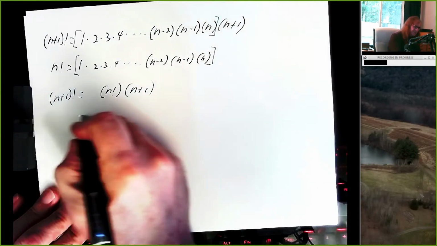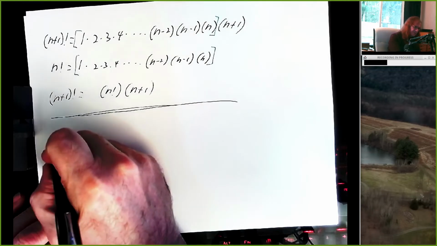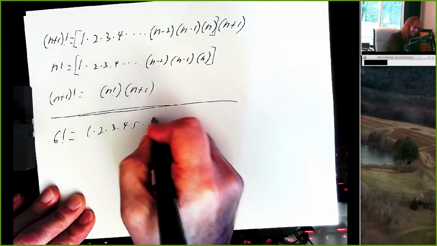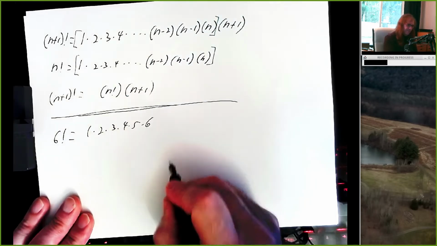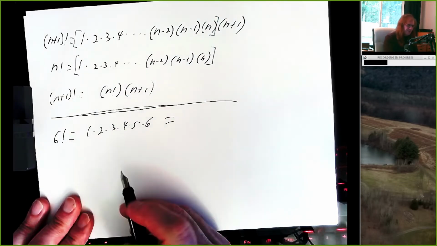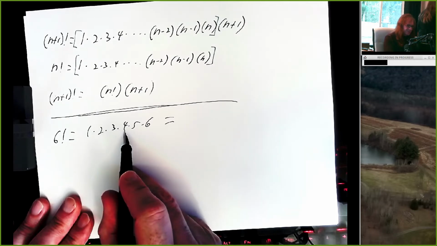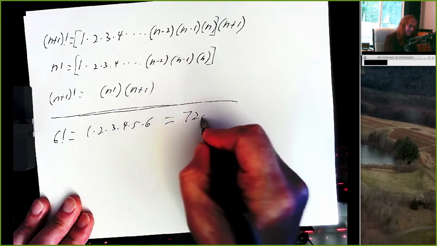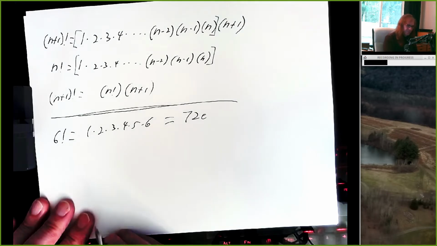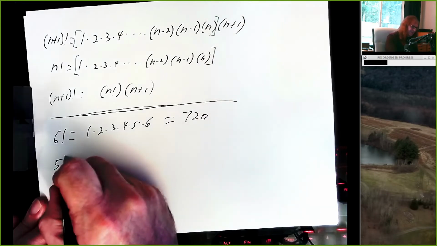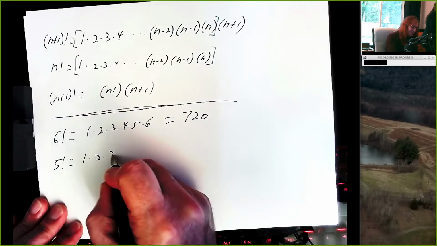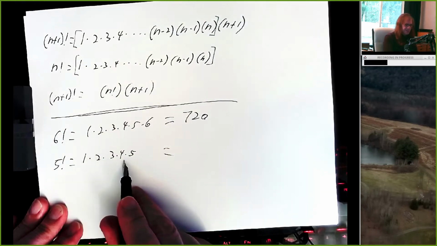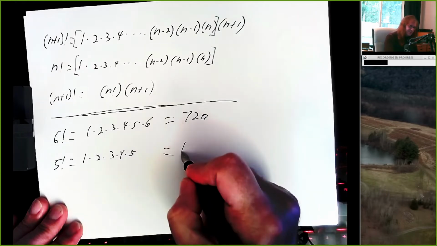So for example, 6! is 1 times 2 times 3 times 4 times 5 times 6. That makes sense. Okay, and if we multiply that out, 6 times 4 is 24, times 5 is 120, times 6 is 720. All right, 5! is 1 times 2 times 3 times 4 times 5, which is 2 times 3 is 6, times 4 is 24, times 5 is 120.